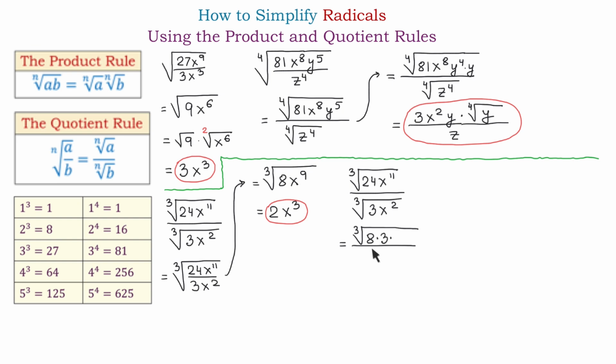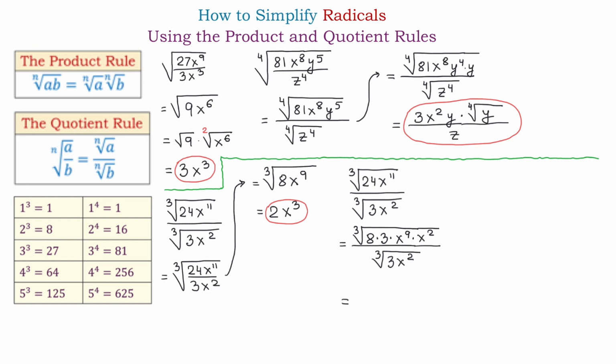And again, we chose 8 because 8 is a perfect cube. Next, we will split x to the 11th power into a product of x to the 9th power times x squared. So what I needed here is the largest exponent that is less than 11 and divisible by 3, and that is 9. Then for now we will keep the denominator as it is, the cube root of 3x squared.